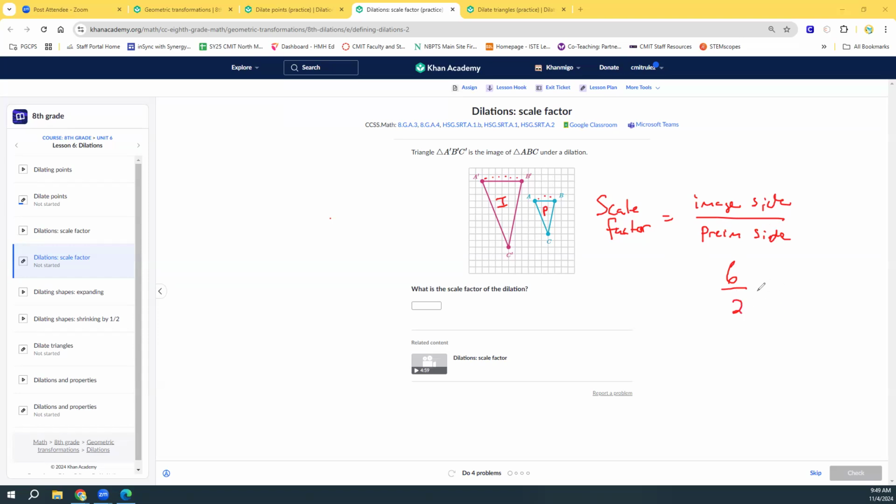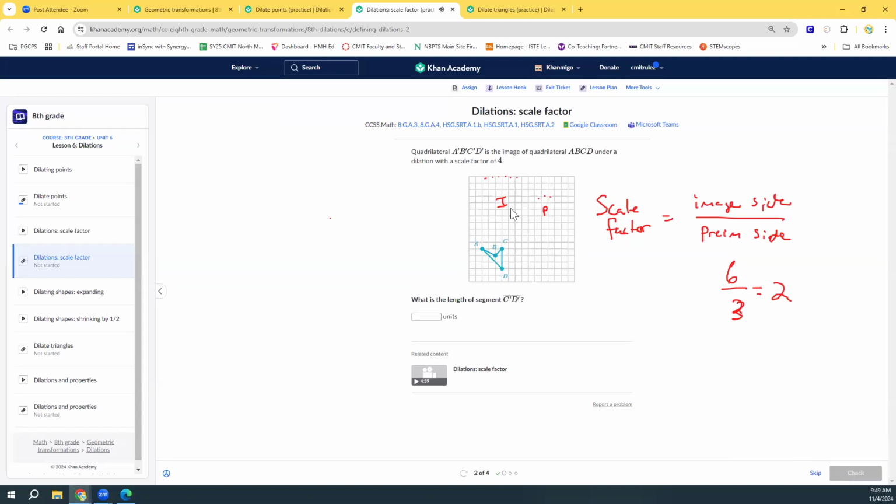So 6 over 3. And so 6 divided by 3 is 2. So the scale factor between these two triangles is 2. And that means that my image is twice as big as my pre-image. That was so fun.